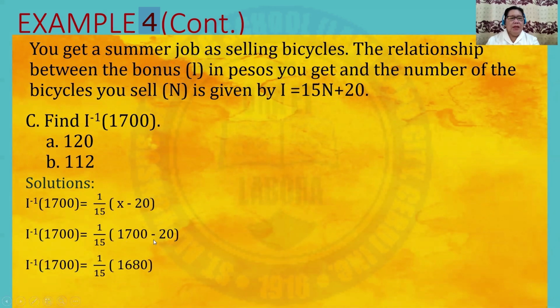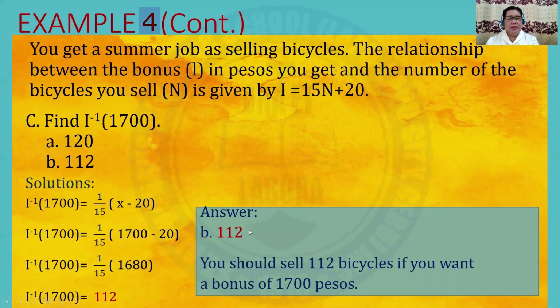And 1,700 minus 20 is 1,680 times 1/15, or 1 times 1,680 divided by 15. And the answer is 112. Therefore, the answer is letter B.